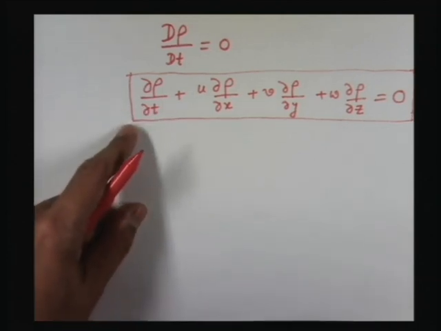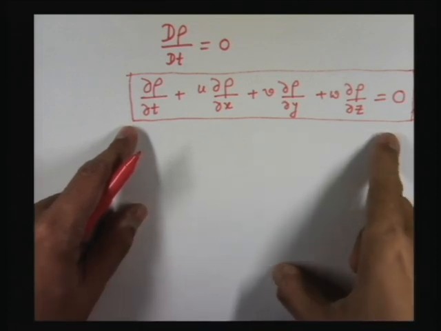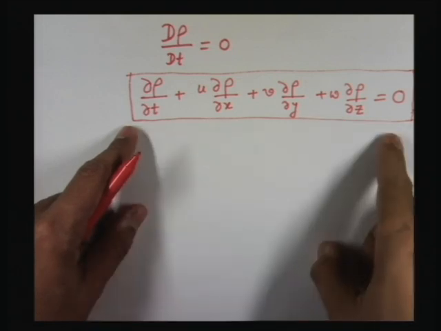If you substitute that kinematic constraint in the equation of conservation of mass, this is what it leads to. Now does this equation mean that rho is a constant? If rho is a constant, this equation will be satisfied, there is no doubt about it.